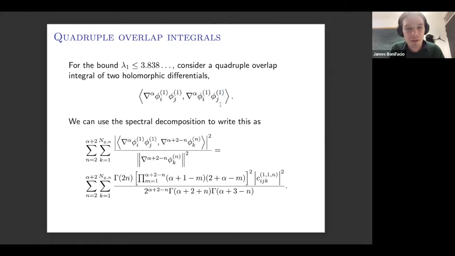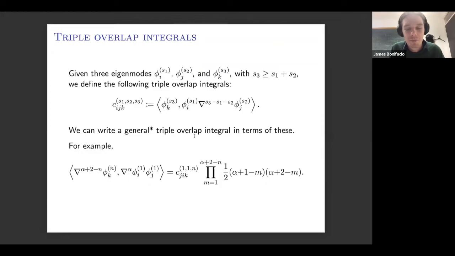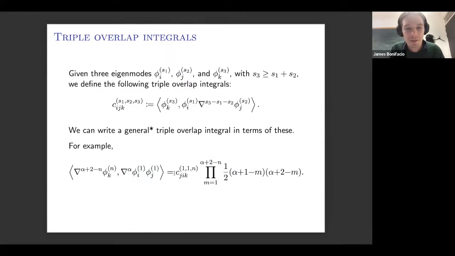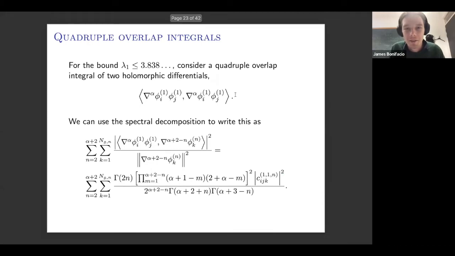So using this decomposition here, where I replace the numerator with this expression in terms of basic triple overlap integrals, I can rewrite this quadruple overlap integral in this final form shown here.